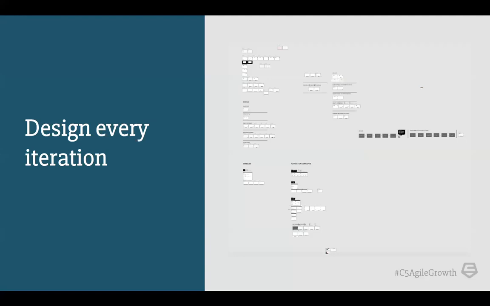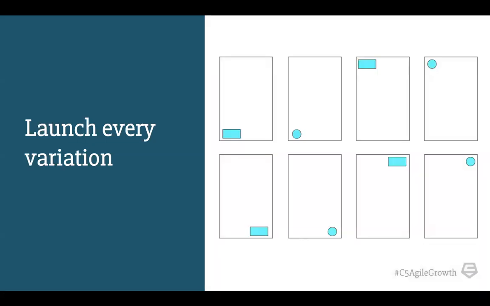Every time you have a new variation in mind, you draw it out. It doesn't necessarily mean that you're going to launch each iteration that you come up with, but it's really important to go very wide and have a good breadth of ideas here that you can then move forward and test with users or launch in the market.